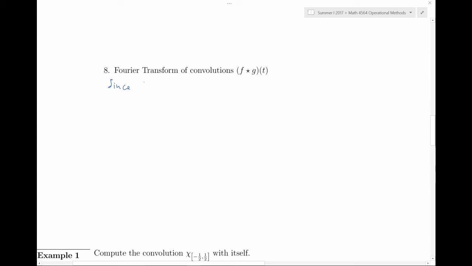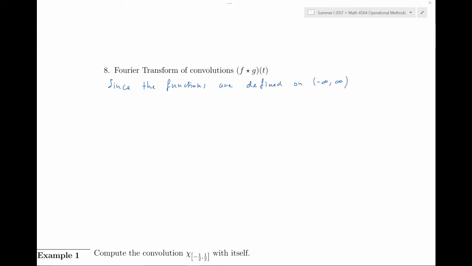Since the functions are defined on the interval from minus infinity to infinity, the functions don't stop at 0, something that was happening with the functions that are in the Laplace transform. And because the functions were assumed to be 0 when you plug in negative values into them, the product f of t minus lambda times g of lambda was always 0 outside of the interval from 0 to t.